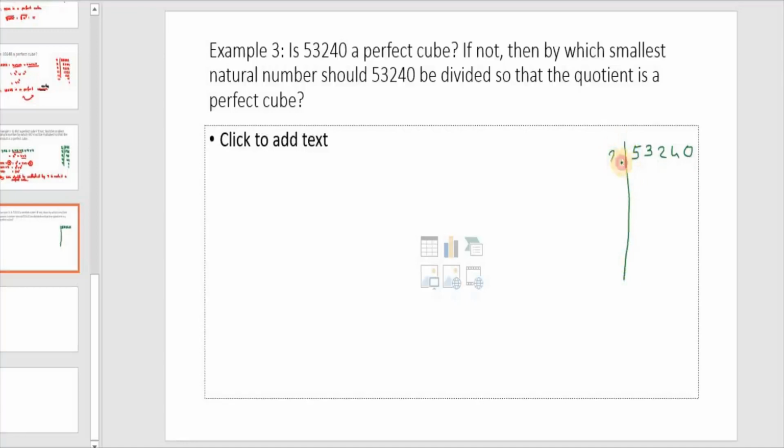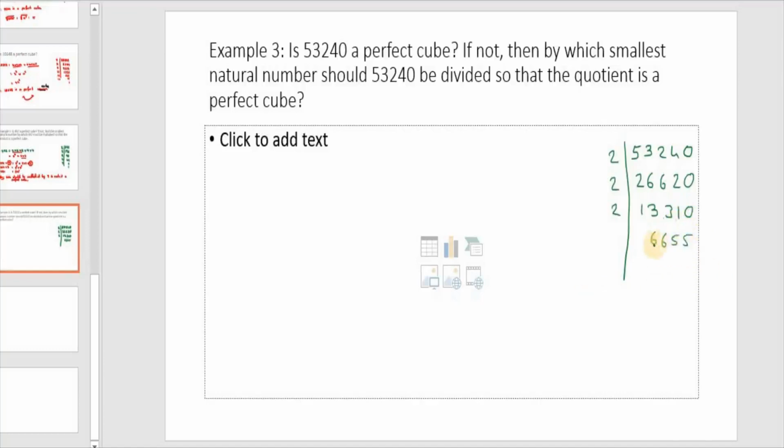I am going to divide by 2. 2 twos are 4, 2 sixes are 12, and so on, and we get 26620. Again dividing by 2, we get 13310. Again by 2, we get 6655.